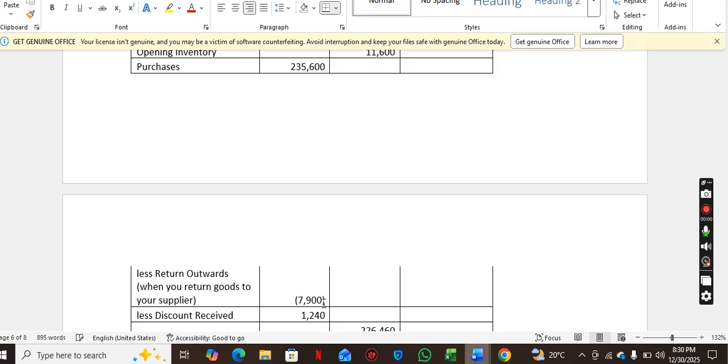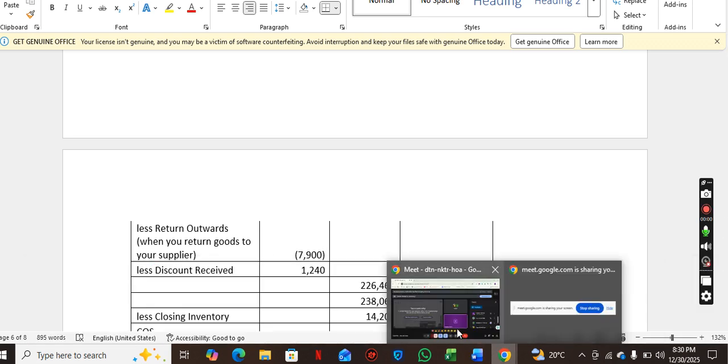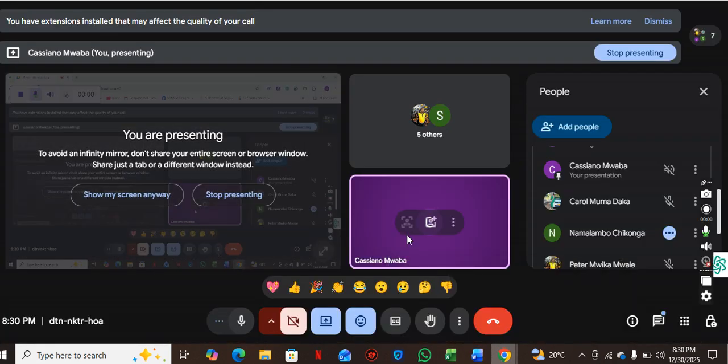Then discount received, colleagues. There are two ways you can deal with it. One way, the way I've shown it here, is remember whenever you receive a discount from your supplier, it means the purchases expense you incur is reducing.